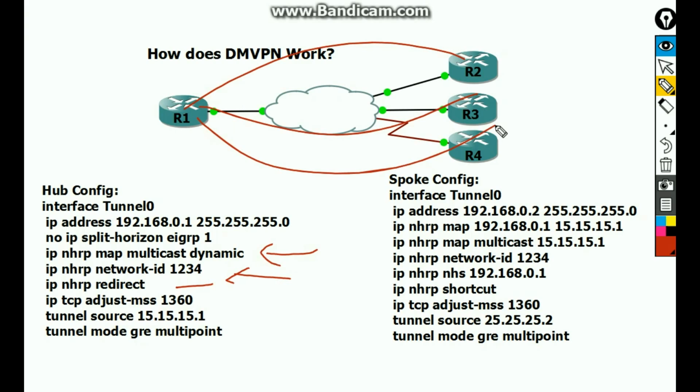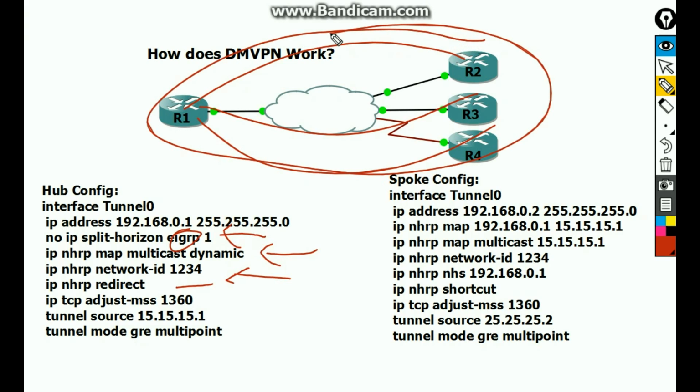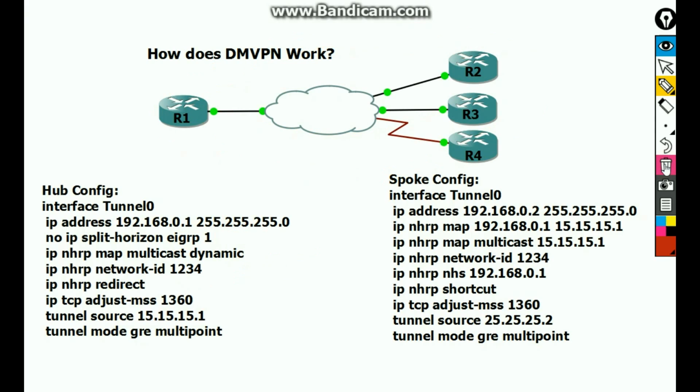In this case, I'm running EIGRP, and since EIGRP is a distance vector protocol, I need to turn off split horizon. That's one of the rules if you're running EIGRP over a dynamic multipoint VPN with this hub and spoke solution: you need to turn off split horizon.